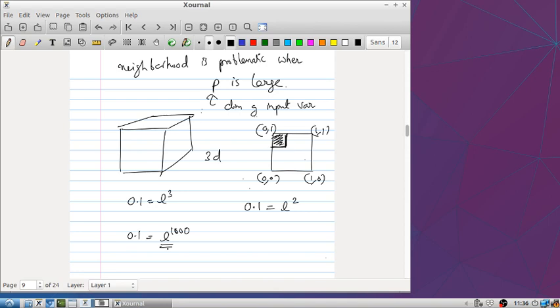In 1000 dimensions, it's going to capture a very minuscule amount of volume, which means almost no data point will fall in that volume, so there is no neighbor. So the neighborhood notion has an issue for KNN, and that's the whole reason why we are looking at linear models, nonlinear models, even neural networks, all this stuff.